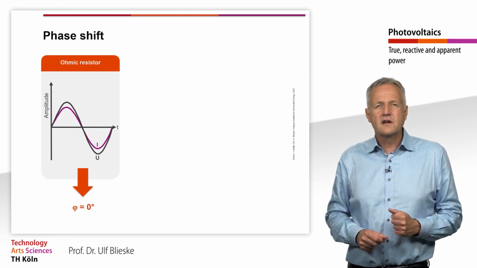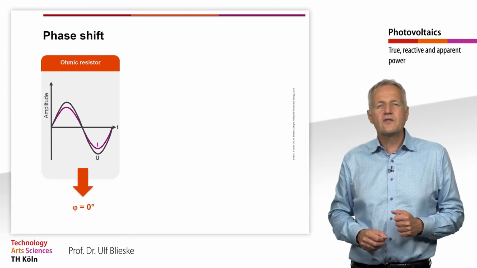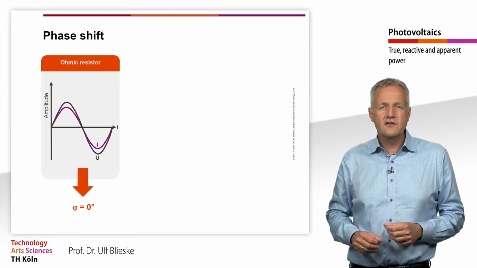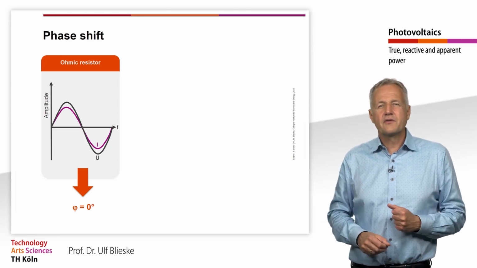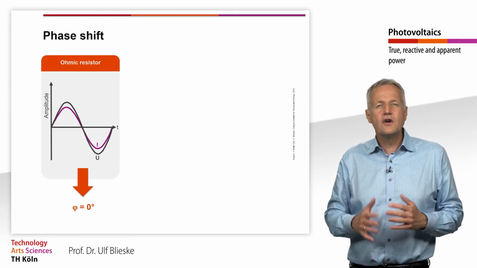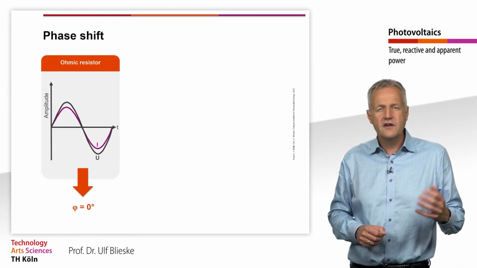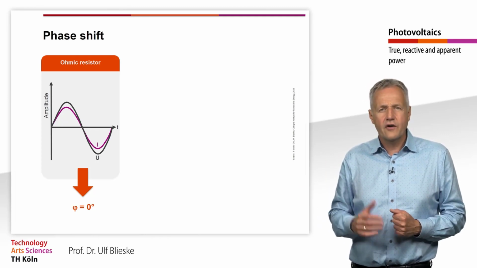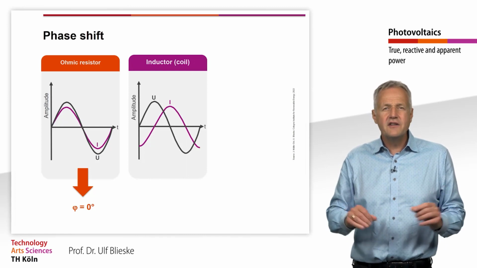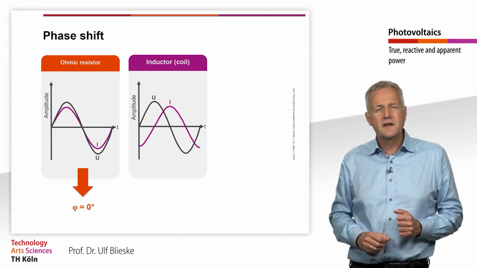A special characteristic of alternating current is that certain resistances have an influence on the phase shift. While a normal ohmic resistor causes no changes in phase shift, this is different for coils and capacitors. In the case of a coil, a magnetic field is generated by the periodic current changes.